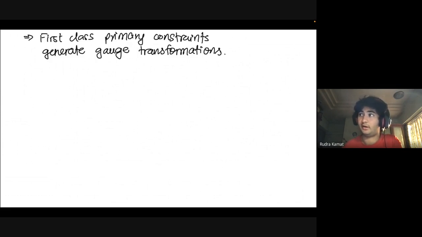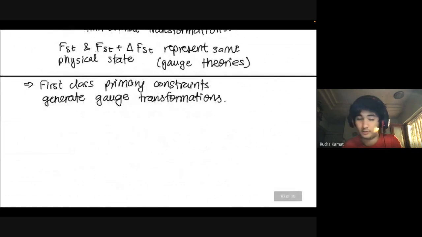So when we took a generalized phase space Hamiltonian, we were expanding. We had arbitrary multipliers in front of the primary constraints. If you also take up the secondary constraints, which are first class, then you can write that as a general multiplier, which sometimes is a better idea, because then you can see all the gauge transformations and these infinitesimal transformations pop up.